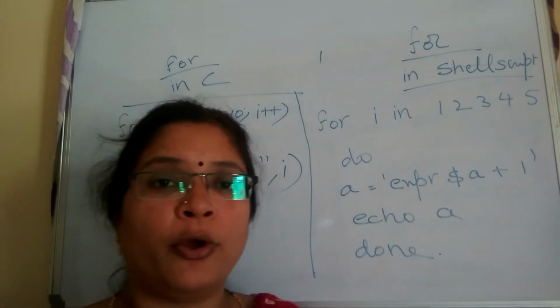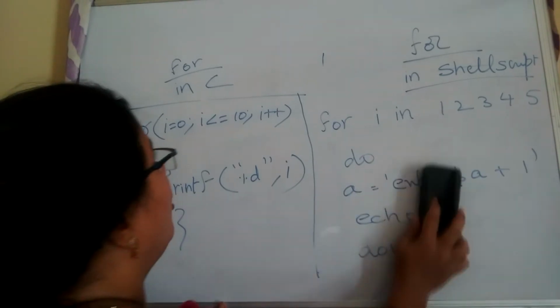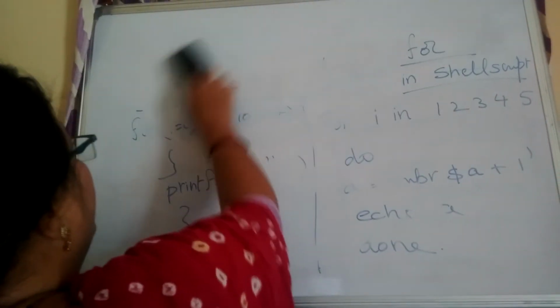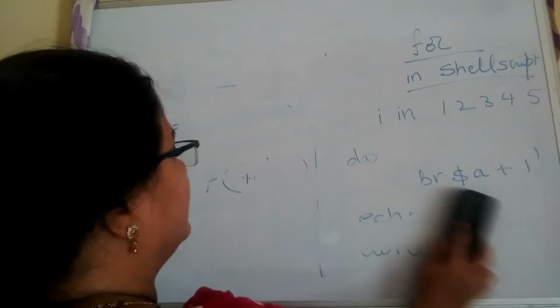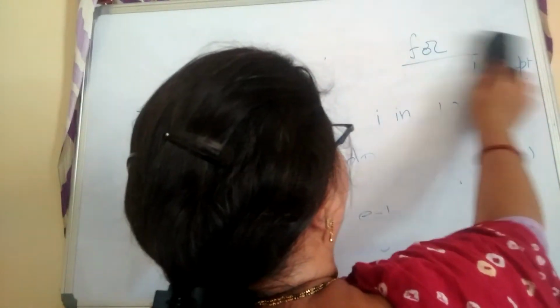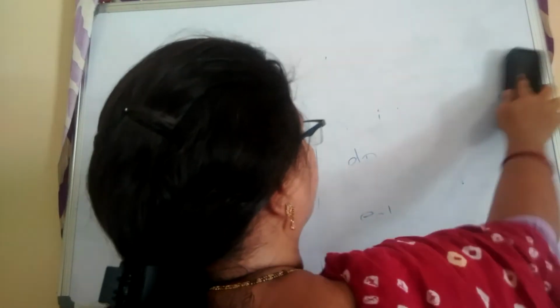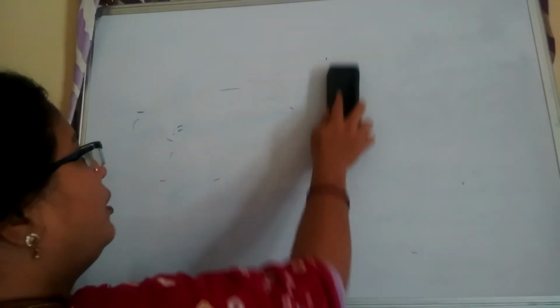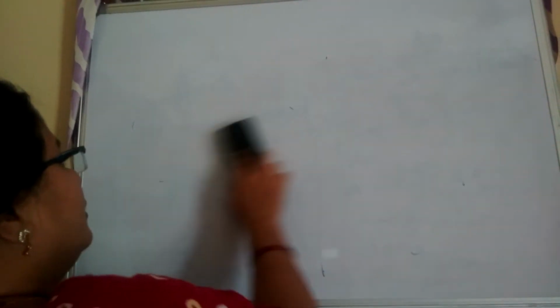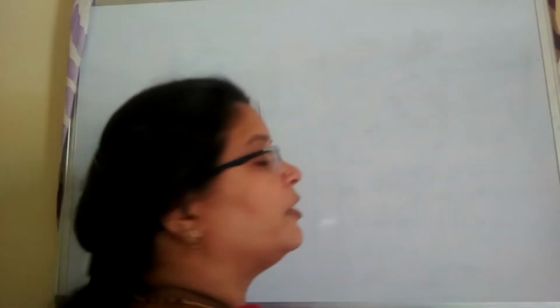And now we are going to see the case statement, how it looks in C and shell script. What is the advantage of the case statement? In C programming, normally we use the case statement for checking multiple conditions.